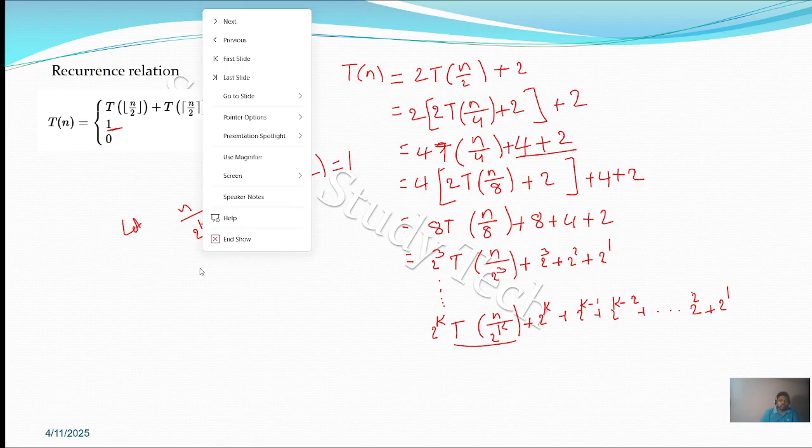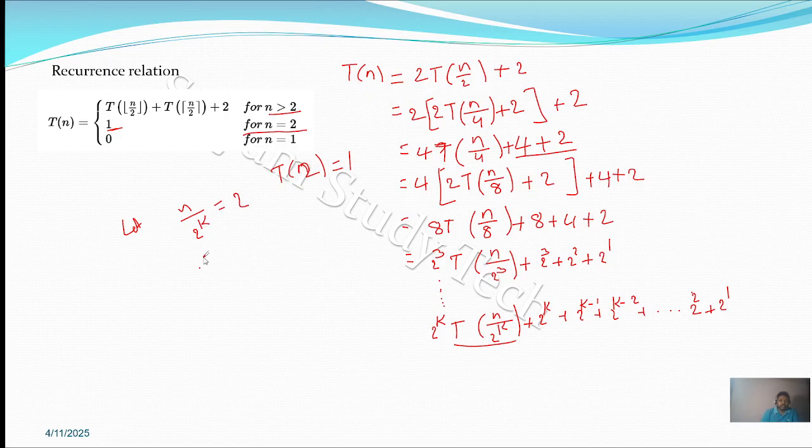So that is equal to n/2 equal to 2 power k. So here, in place of 2 power k, you can use n/2: n/2 T of, here n/2 power k value is 2, T(2), plus here you can see the summation of i equal to 1 to k.